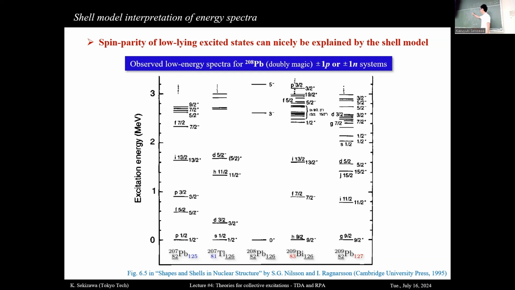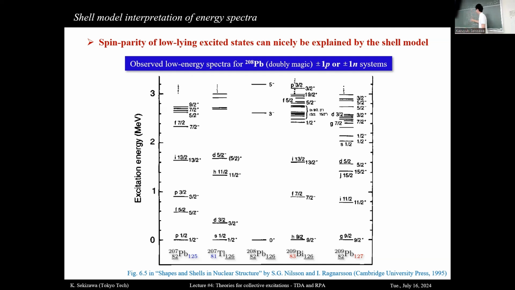It has positive parity and the spin is 13/2. So there should be a 13/2 plus state at low energy in bismuth-209. And indeed, you can see here 13/2 plus in this excitation spectrum.